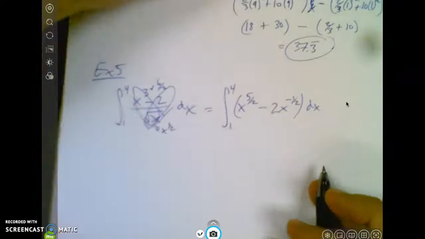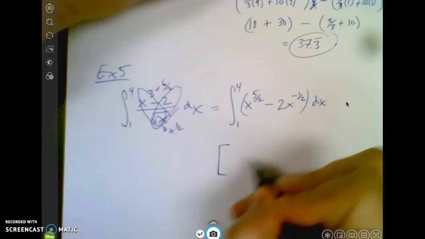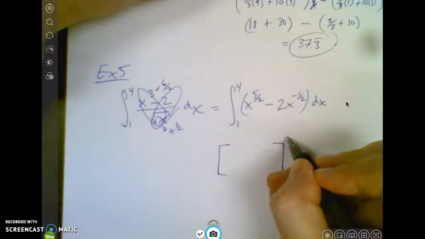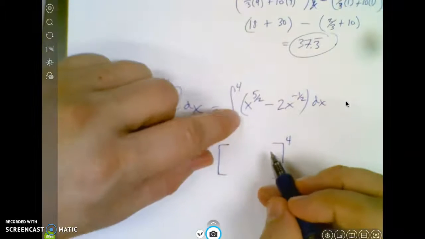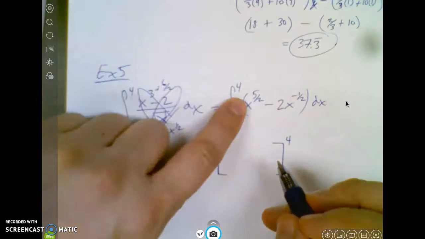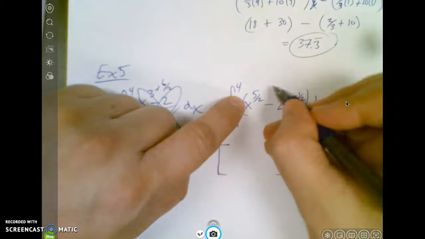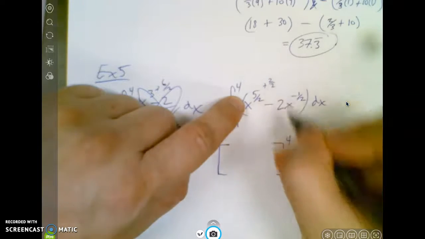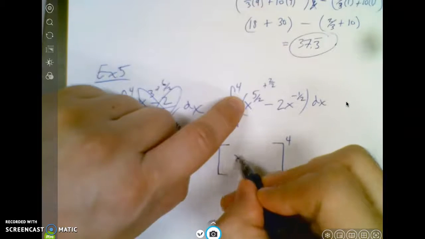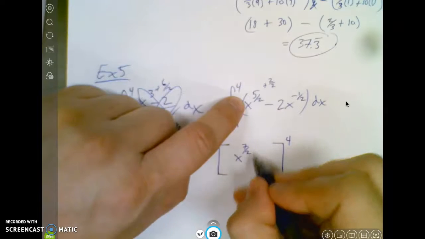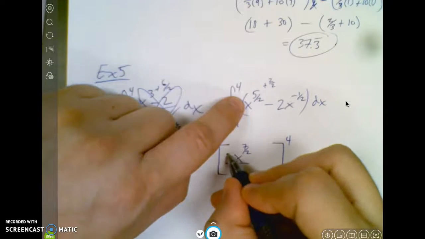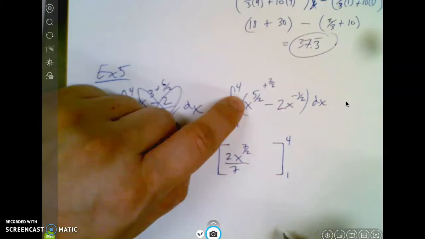Okay, now it's ready for my integration part, 1 to 4. And I'm going to do this again. We're going to go 5/2 and we'll bump it up by 1. Remember, 1 in this case is 2/2 more. So we're going to say x to the 7/2, and instead of dividing by 7/2, I'm going to multiply by the reciprocal.